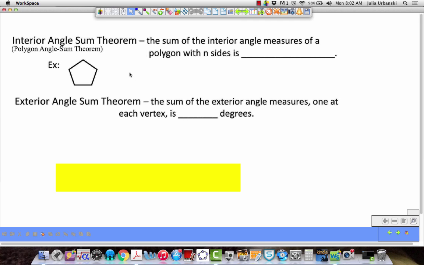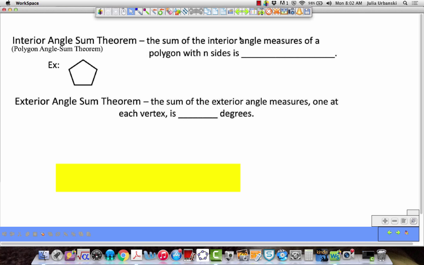Alright, the interior angle sum theorem. Sometimes you'll hear the polygon angle sum theorem. Sometimes you'll just hear the angle sum theorem. Our book calls it the polygon angle sum theorem. So, get this formula, memorize it, know it. You're going to be using it over and over again. It's going to look a little strange at first, but once you get used to it, it'll be really familiar.